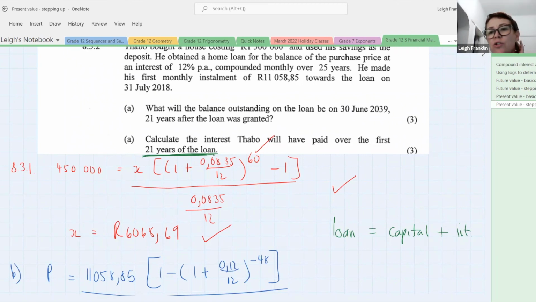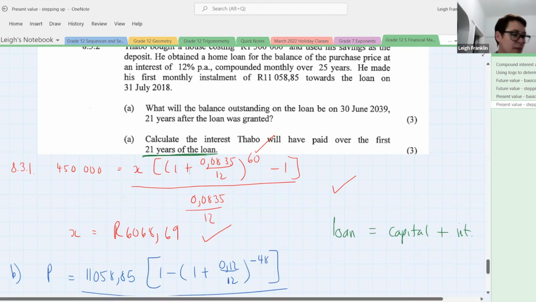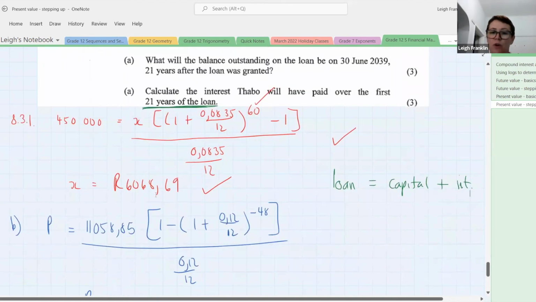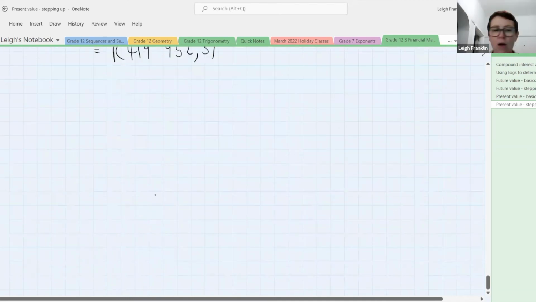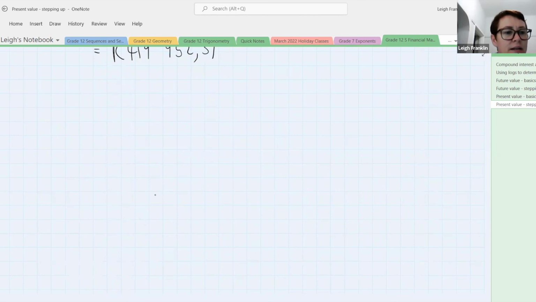Well, we need to know how much he's paid off. So the amount of money that he would have paid off is going to be his outstanding balance subtracted from the value of the loan. That's how much of the loan he's been able to settle, right?